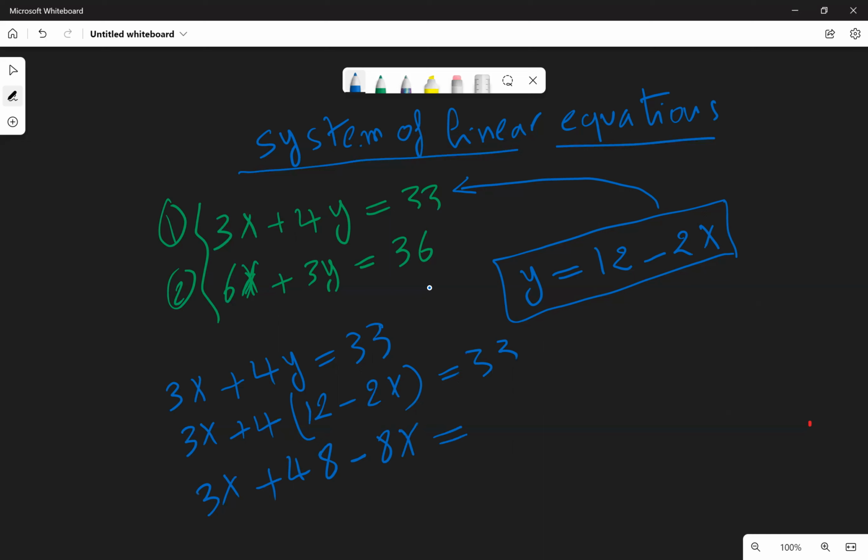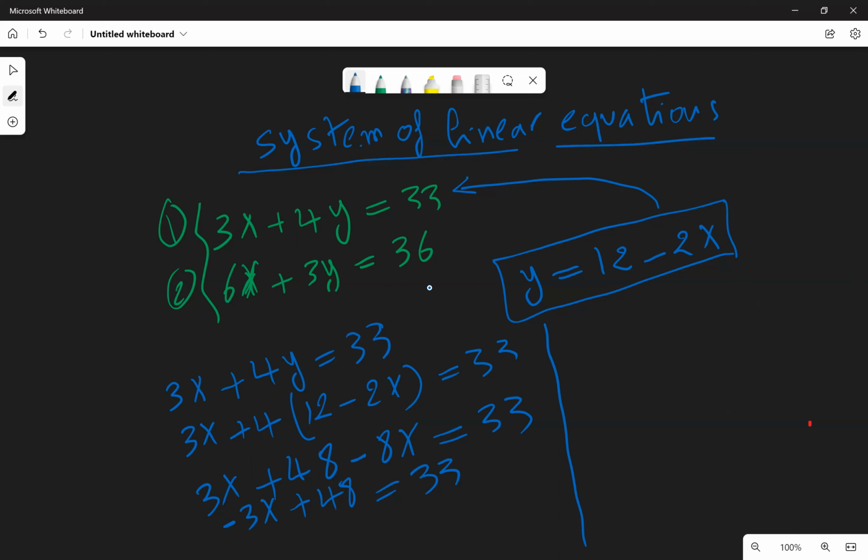And don't forget that I have that equals 33. Okay, so I'm gonna combine like terms. So here I have 3x and minus 8x. So that's a minus 5x plus 48. That equals 33.